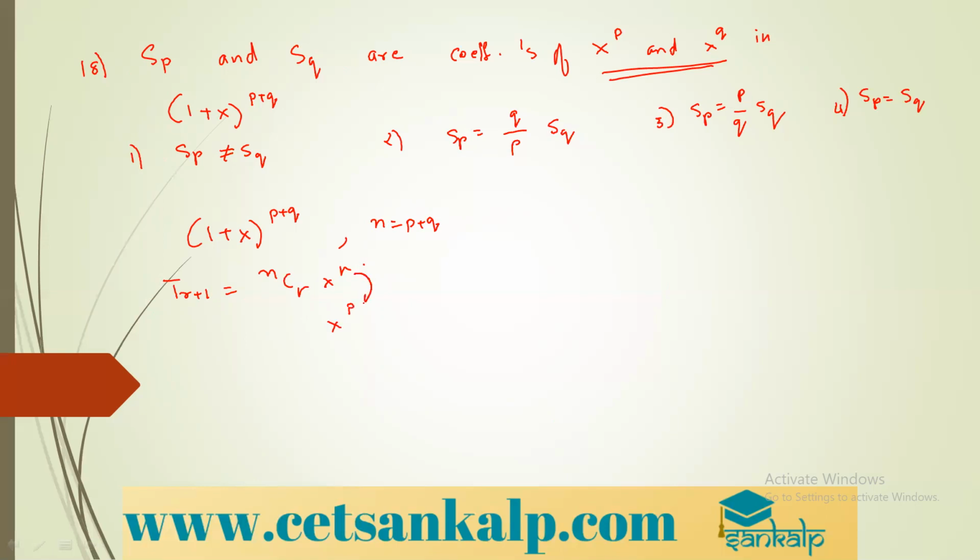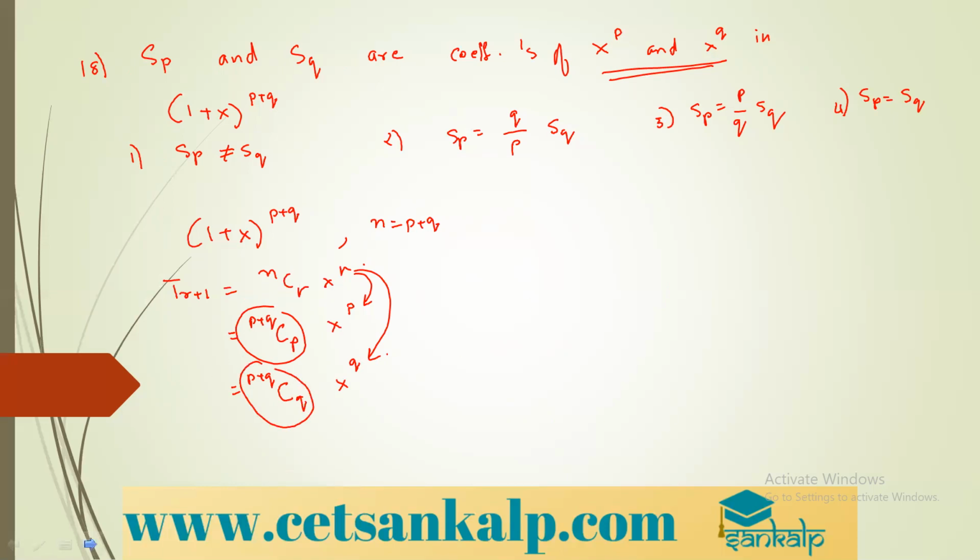That means r has to be p. So the coefficient will be, n is p plus q, r is p. This is the coefficient of x power p. Similarly, for the coefficient of x power q, r is q. So I have n is p plus q, r is q. So these are the coefficients.